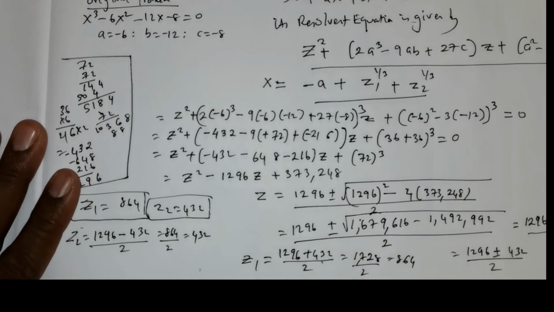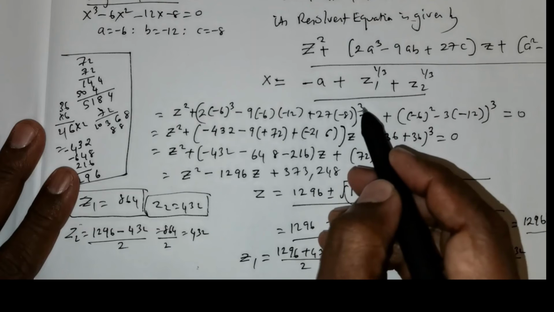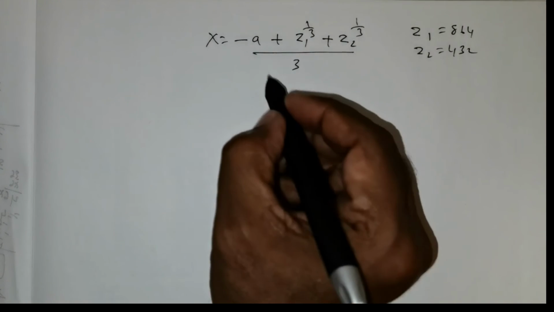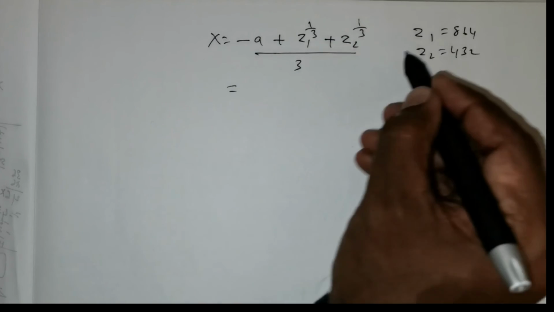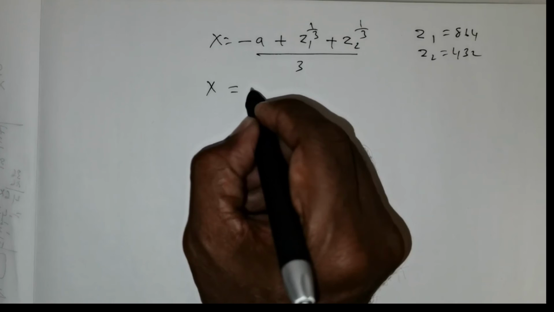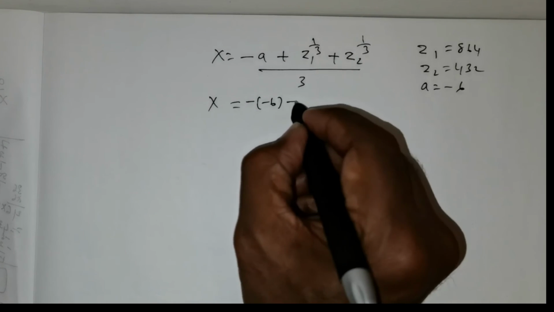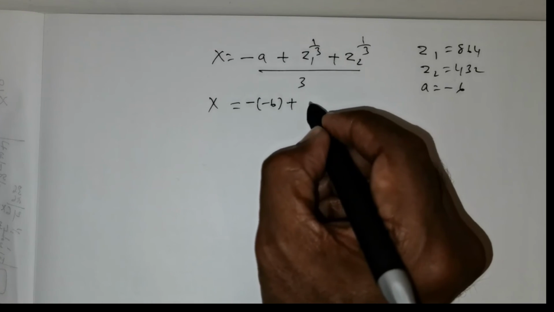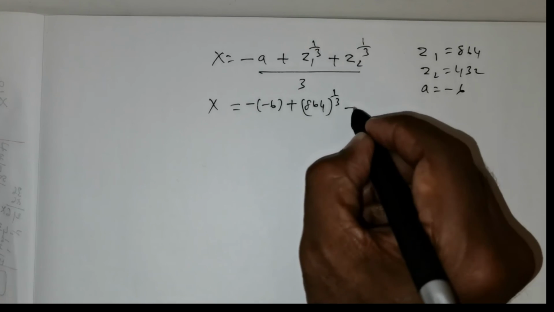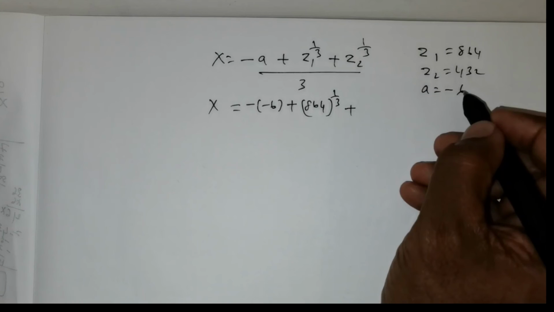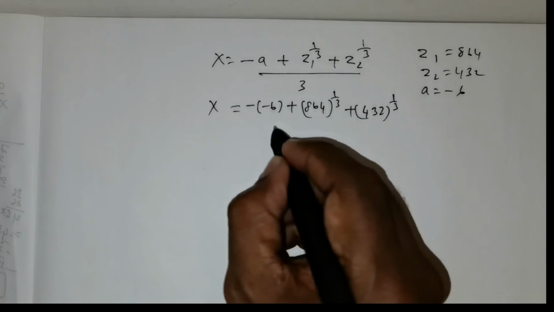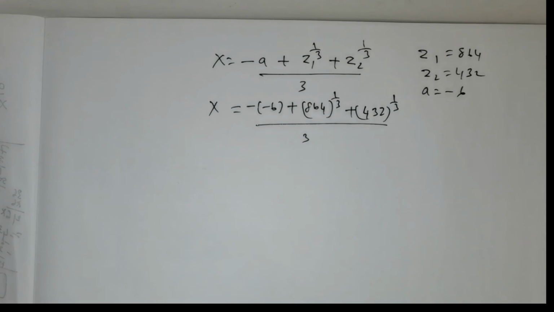So we need to substitute the values over here. We are expected to substitute the values for z1 and z2 and find the value for x. It's going to be negative of negative 6, plus the third root of 864 plus the third root of 432, divided by 3.